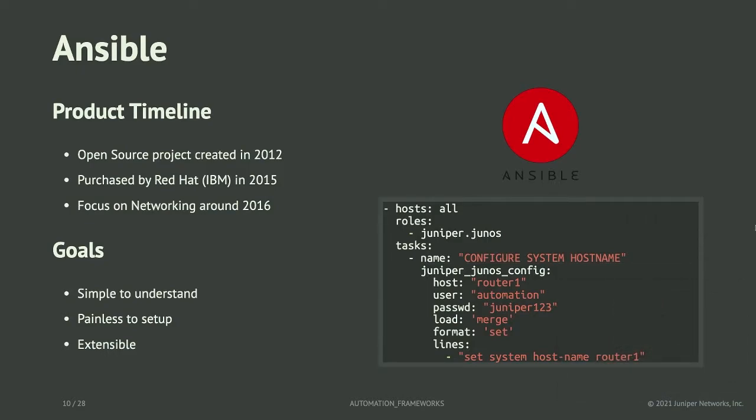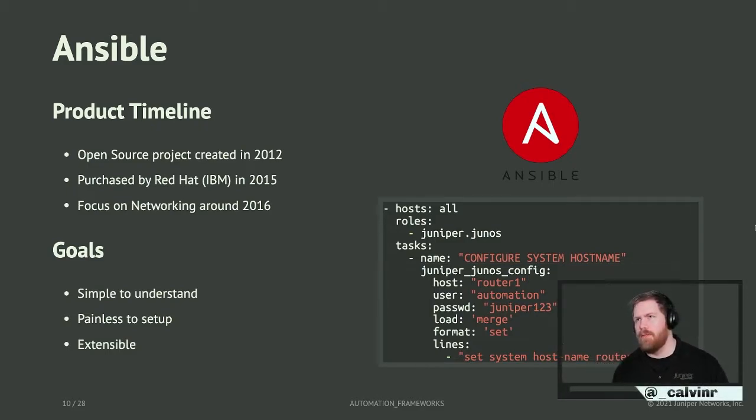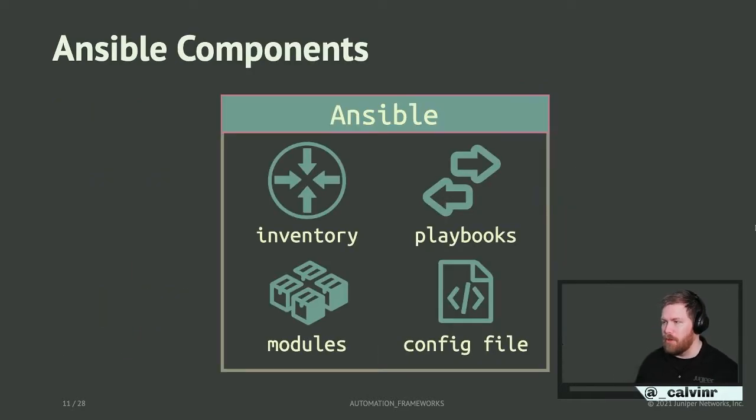Okay, so in this playbook on the right here, we're basically logging into a router, and we are changing its host name to router 1. So fairly easy to interpret. If you had attended one of our previous videos on data formats, you may have learned about YAML. YAML is used extensively within Ansible, so it's pretty easy to read and interpret and build your own.